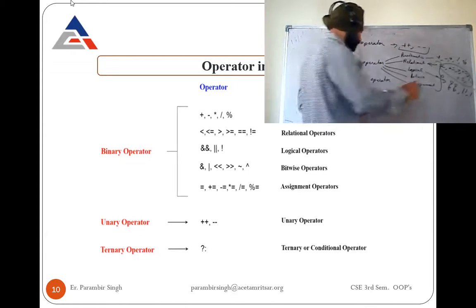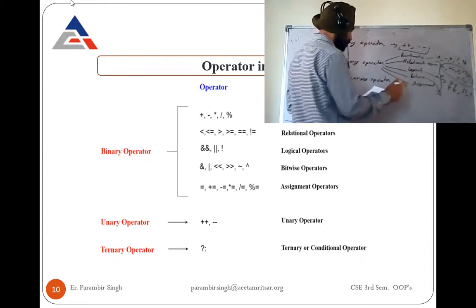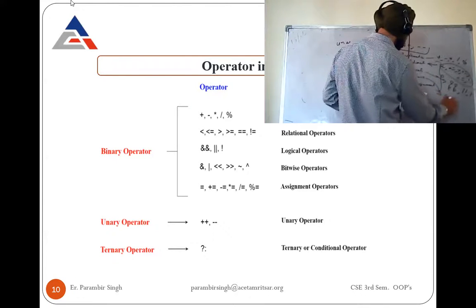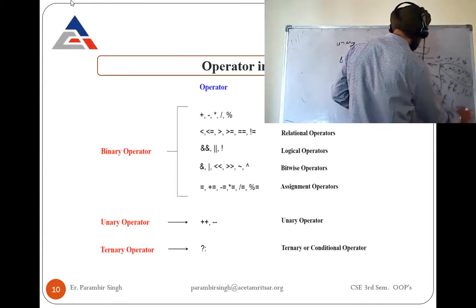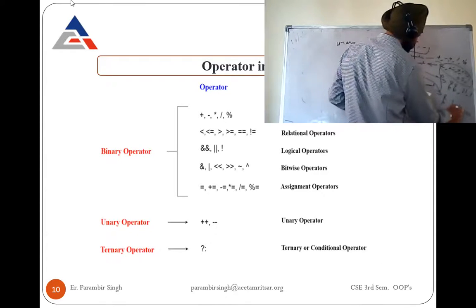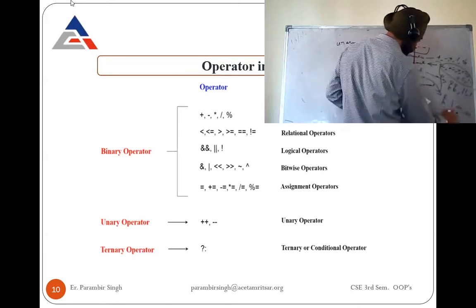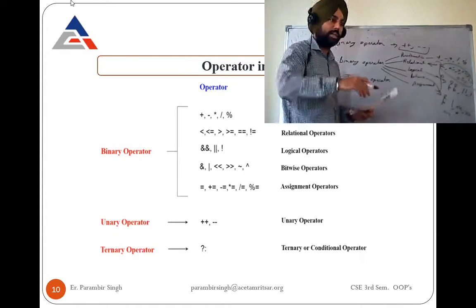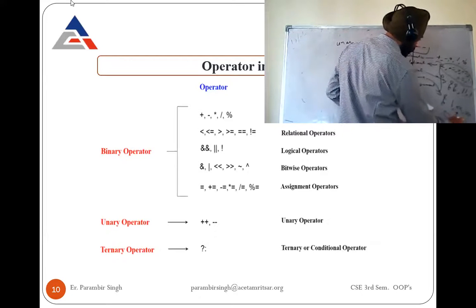Next, we have the bitwise operator. The bitwise operators are ampersand, or, less than less than and greater than greater than, which we can call the insertion or extraction operators, the tilde sign which we use with a destructor, and then XOR.